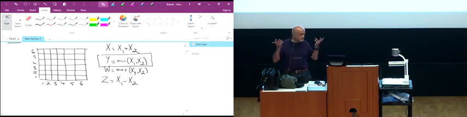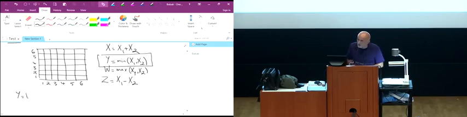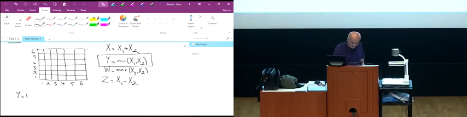Everybody? 6. Okay. So, can you help me shade the region in the sample space where the random variable y takes on the value 1? I'm going to use my highlighter here. Tell me where to shade.